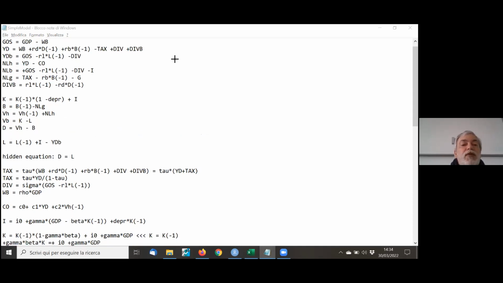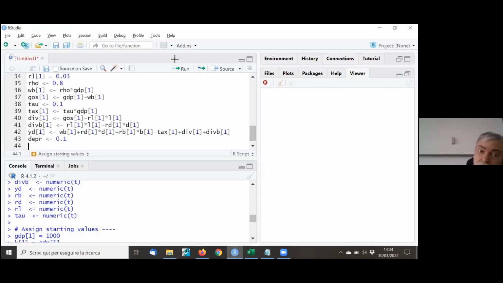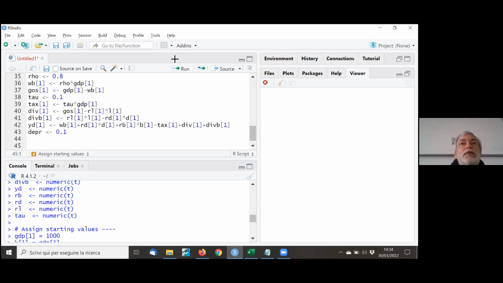And I think we have defined all the variables. So now we have to specify the equations. Then we do the for loop now, as we did last time.